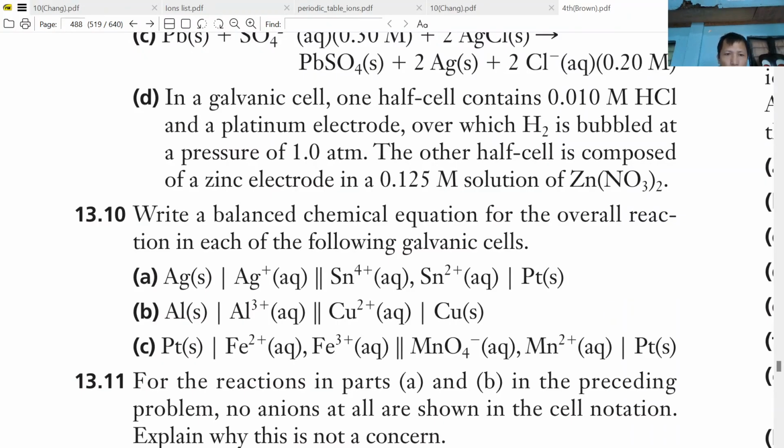How about for B? This is also simple. As you can see, the electrons are also involved in the reaction. So there is an aluminum to Al3+. That should be oxidation.